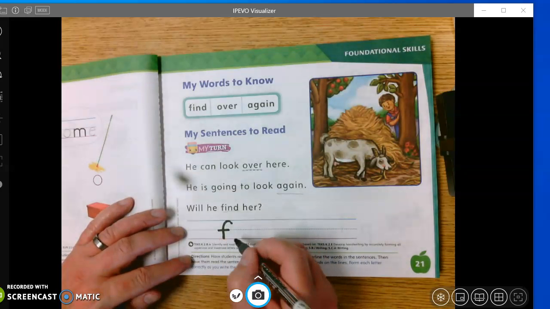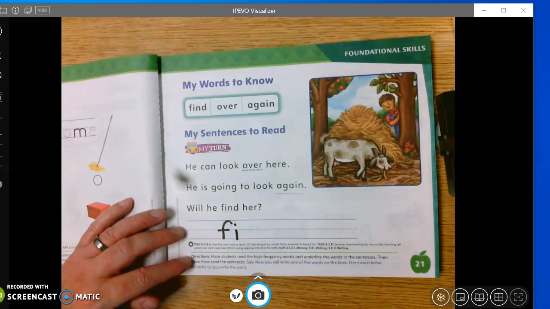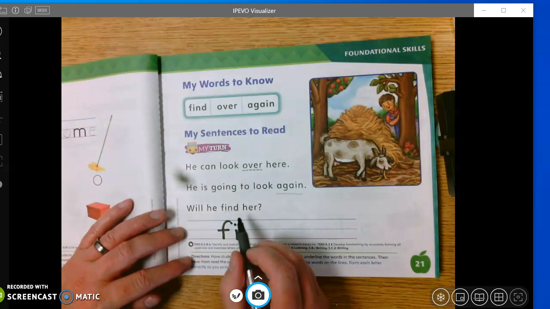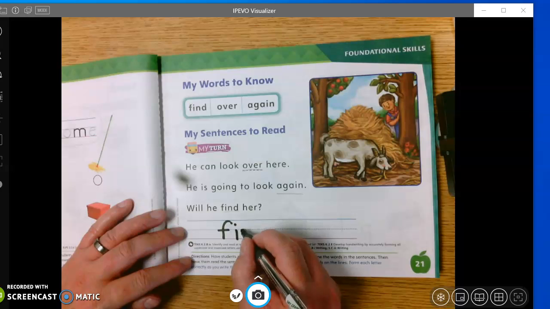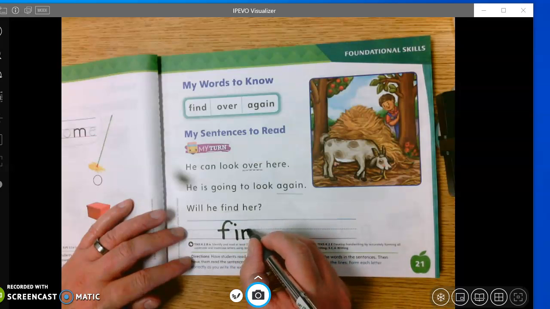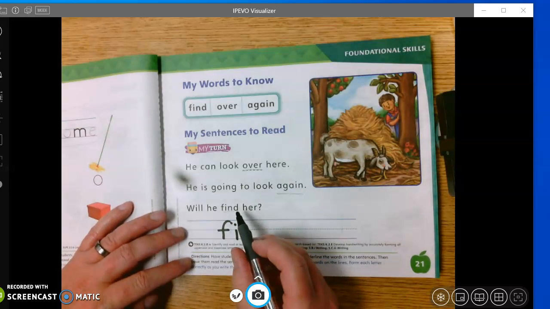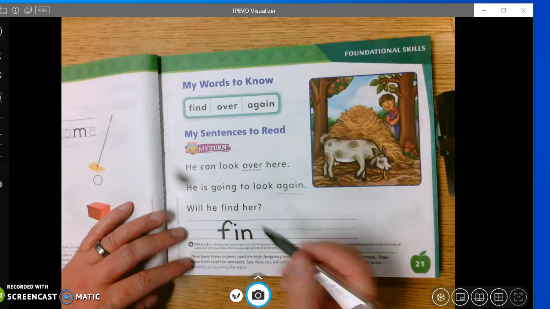And then the next letter is I. We're going to do a lowercase I. Start at the midline, down to the bottom line, and a dot right there. And then the N, lowercase n, start at the midline, pull down, and then back and around here. Okay, and then the D. Remember the D looks this way to the left.